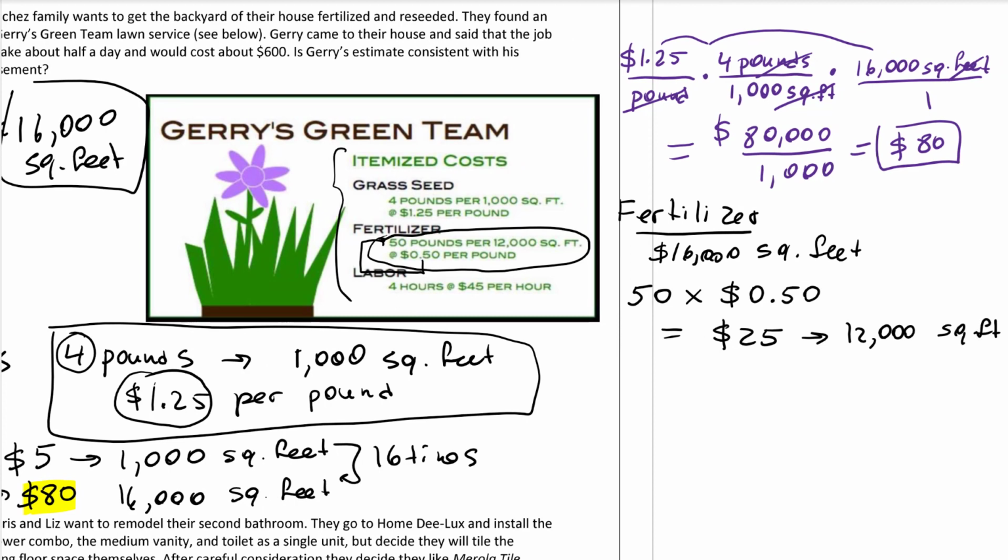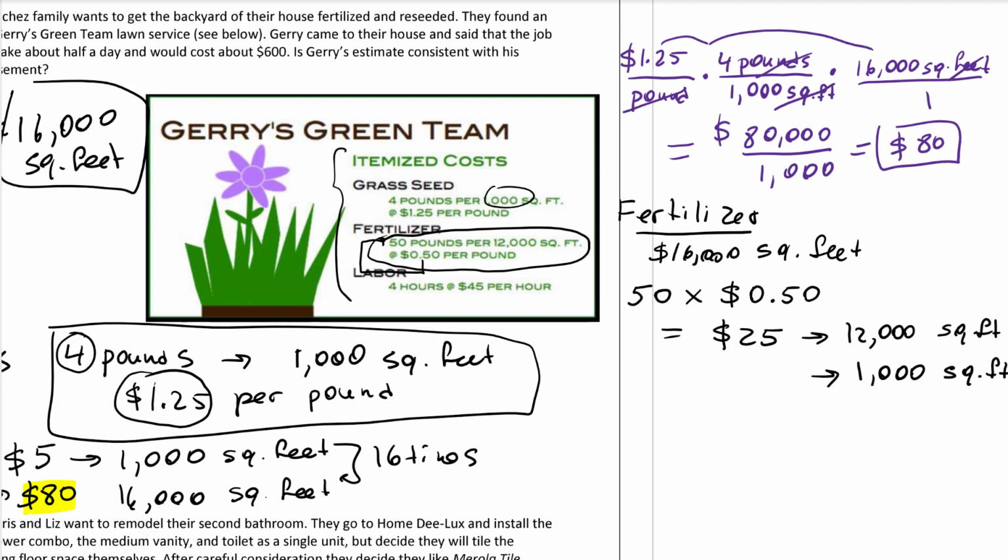If $25 covers 12,000 square feet, I need to know how much it would cost to cover 1,000 square feet, just like in the previous question, and then I'll be able to multiply by 16.